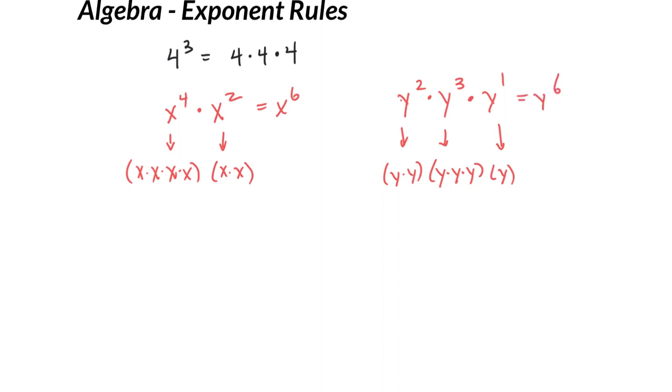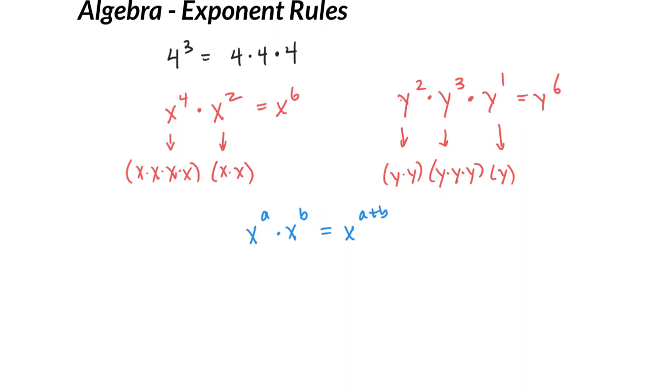We have 6. So oftentimes you will see the rule written as, if you have x to a power times x to another power, we can just add those 2 powers as a way of quickly counting up how many x's we've got. So that's one exponent rule. When you're multiplying 2 powers with the same base, you typically add the powers to see how many total you've got. So that's rule number 1.